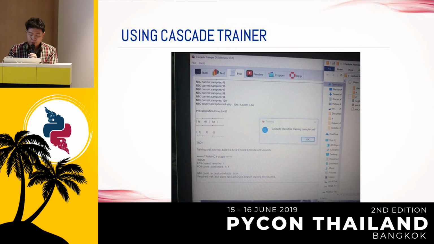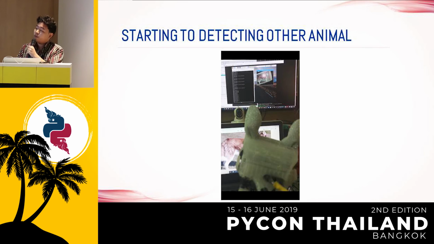Okay, so after using the Cascade Trainer, you will get the Haar cascade file as an XML file, and you can detect other animals now. You can make the CATBOT detect a cat and a dog, something like that, or any other object that you need to teach it to learn.